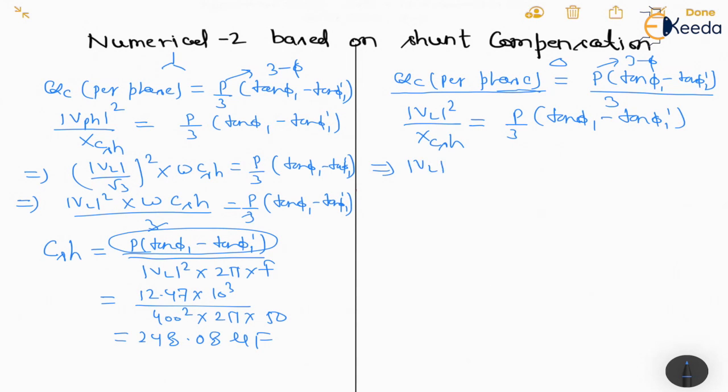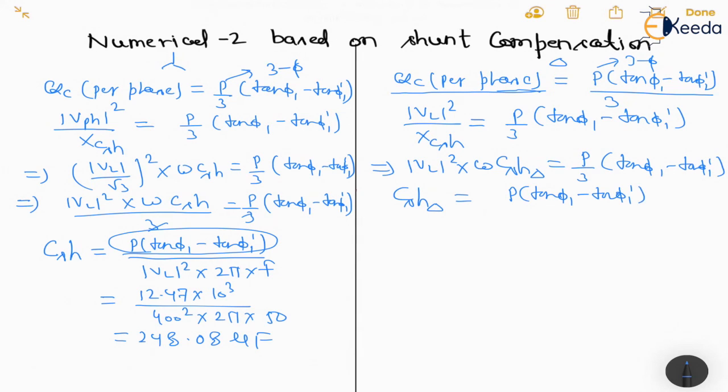So now we can write VL square into omega CSH delta is equal to P by 3 tan of phi 1 minus tan of phi 1 dash. So we can write CSH of delta is equal to P tan of phi 1 minus tan of phi 1 dash upon 3 into VL square into 2 pi f.